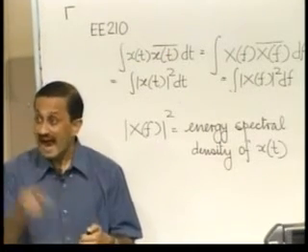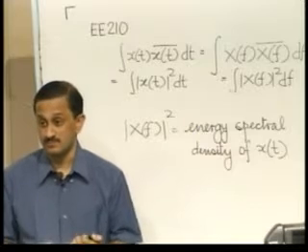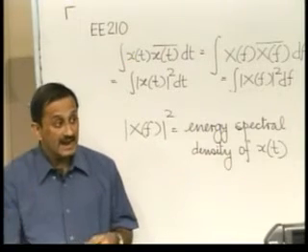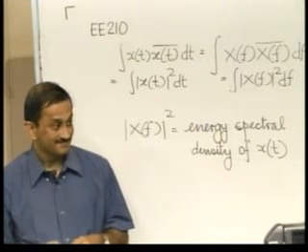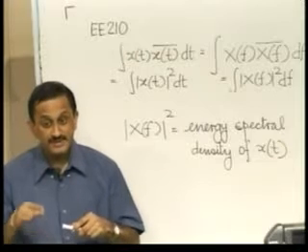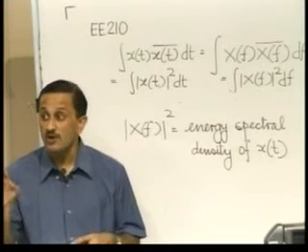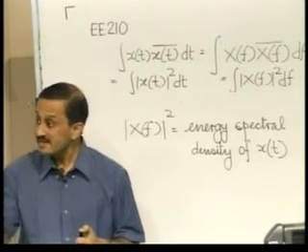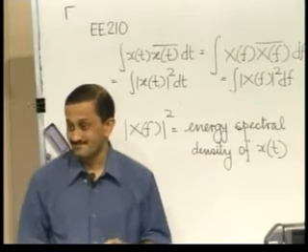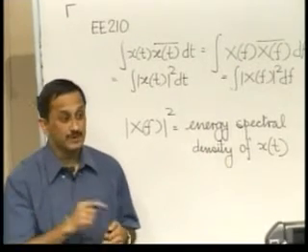So the energy at a particular frequency is zero because there is no area under that energy. So although the energy spectral density may be non-zero at a point, the energy at a point can be zero, whether in time or in frequency.